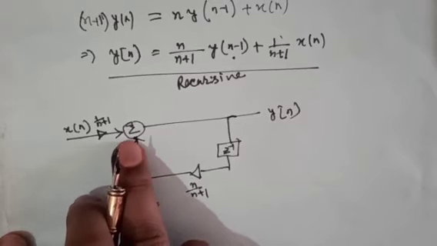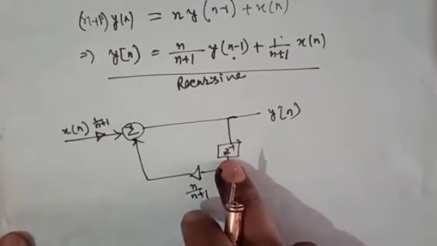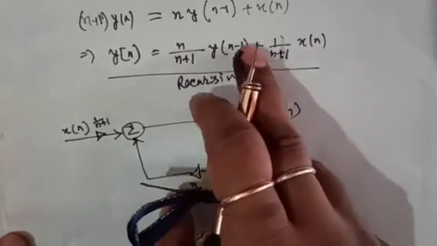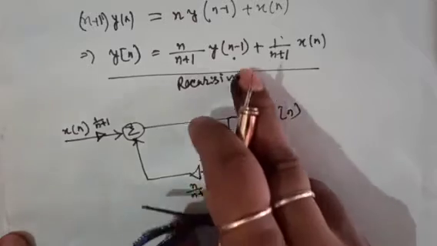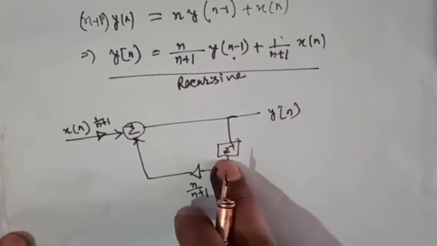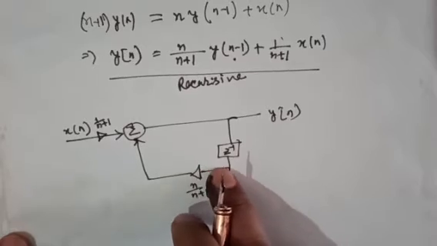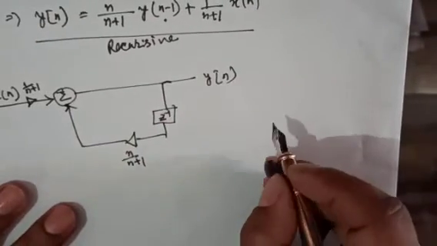Remember, in an adder there can be only two inputs. And this is the z inverse block, representing the delay or the memory. If it is y of n minus 2, then you need to have 2 z inverse blocks. There are a few symbols we will be using.